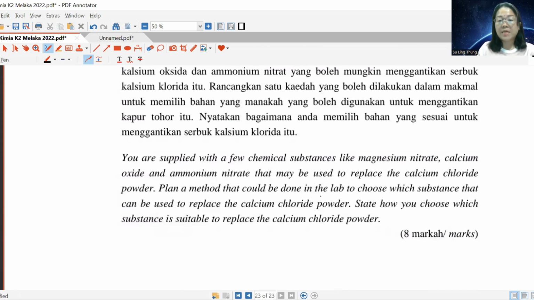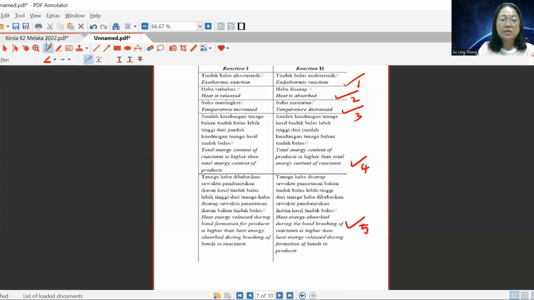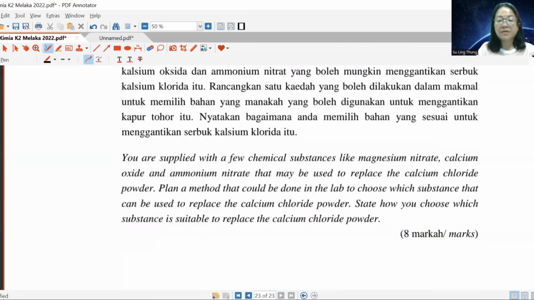Plan a method that could be done in the lab to choose which substance can replace the calcium chloride powder. State how you choose which substance is suitable. Firstly, you need to know calcium chloride powder functions as a heater.